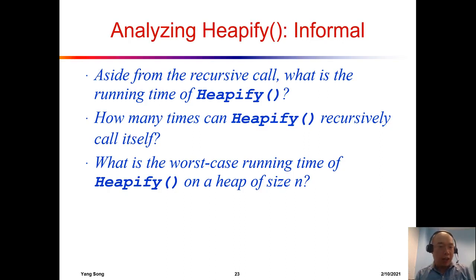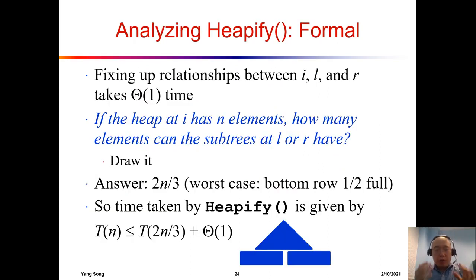We have a feeling that the heapify should be a log n algorithm. But how do we really prove theoretically, in a formal way, that the heapify is a log n algorithm? Well, the first observation is that fixing up the relation between I, L, and R once in one heapify is constant time, because there's no iteration and all the steps are primitive steps, right?